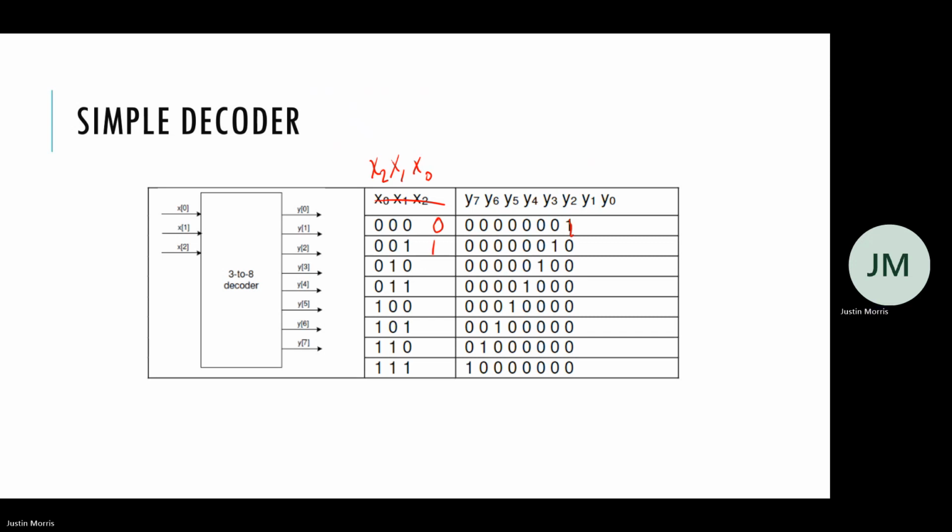If it's 1, output is 1, 2, we output a 1 at 2, 3 at 3, 4 at 4, 5 at 5, 6 at 6, 7 at 7. Right? So this is the simplest decoder that you can have. That is still a decoder. I just want to ask you guys a few ideas of how to implement this. So what's one way that you would go about this?